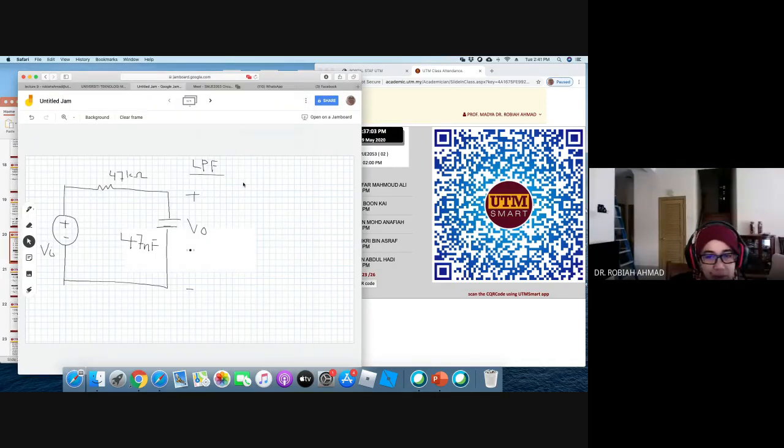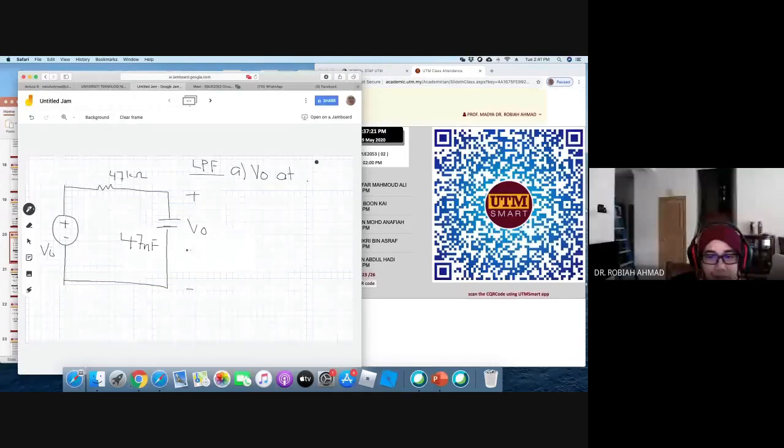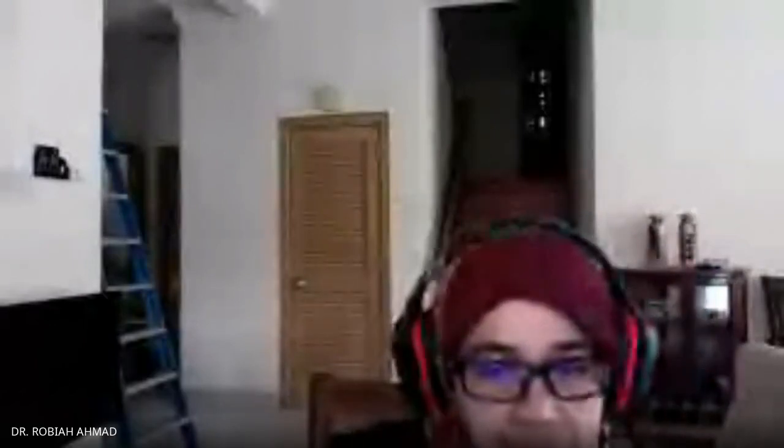Okay, so V out at f equal to 100 hertz, then 10 kilohertz. It also asks for the cutoff frequency.